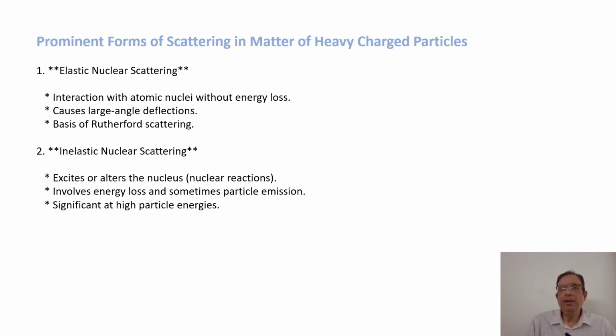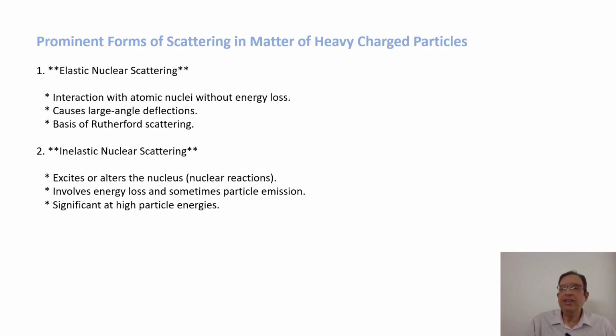Then of course there can be inelastic nuclear scattering, in which it actually imparts some energy to the nucleus, and the nucleus converts itself into an excited state of that nuclear, and in that excited state it can either come back to the ground state by emitting gamma rays, or also it can transmutate.